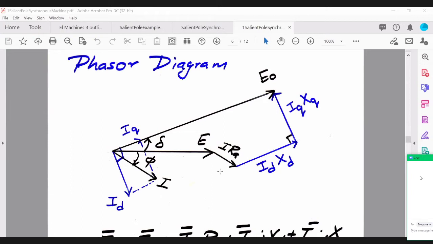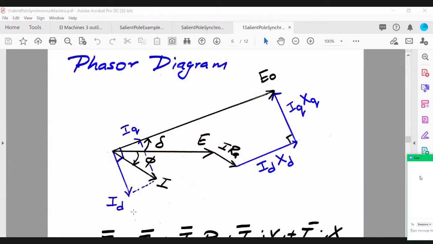Normally you take E, your terminal voltage, add the drop across the resistor, then add the drop across the synchronous reactance. Here, instead of one phasor, we split it into two components, IDXD and IQXQ, which come from resolving the current I into IQ and ID.